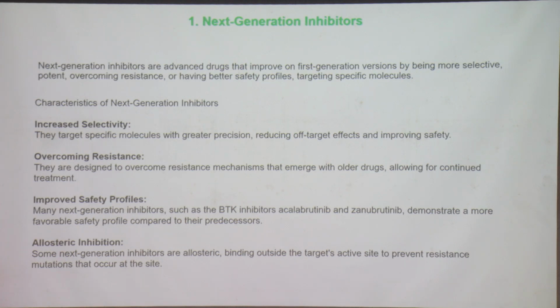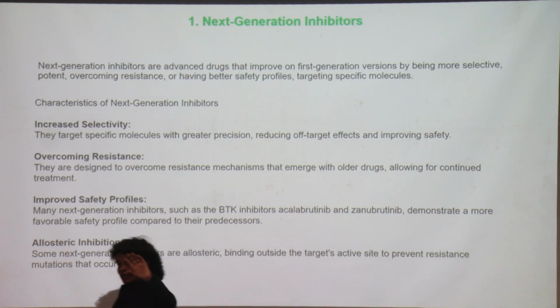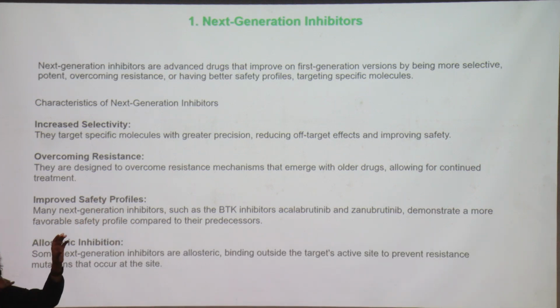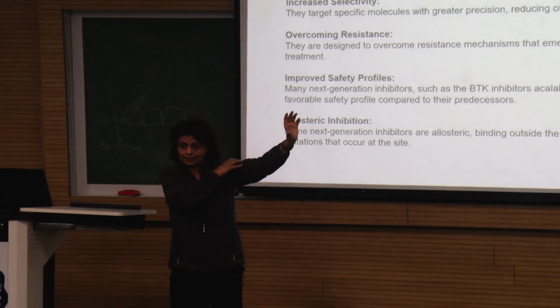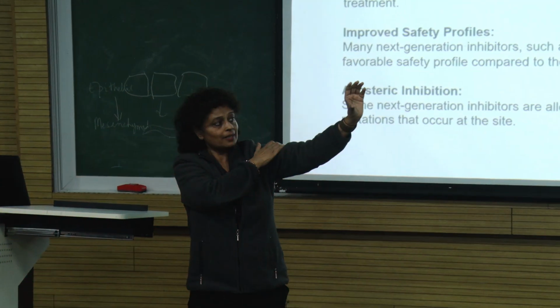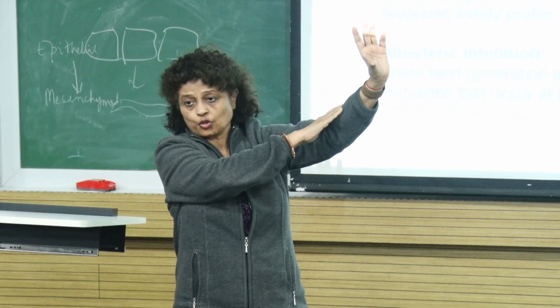So what happens in allosteric, this is the catalytic site, right? And imagine this whole hand is the protein. So something is here, there is a pocket here, and if something binds here, this closes, okay? And if something binds here, this opens up.